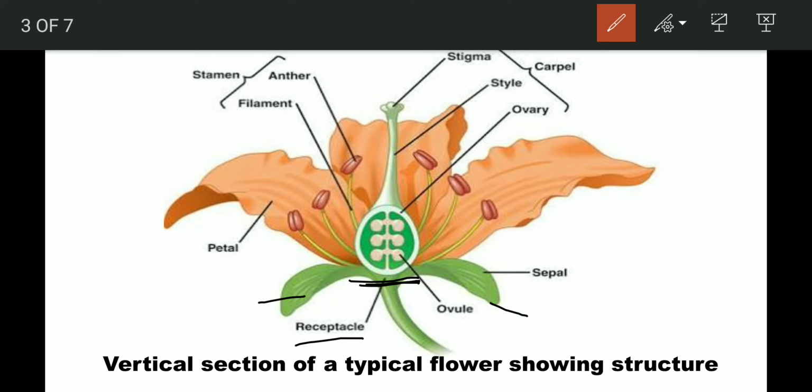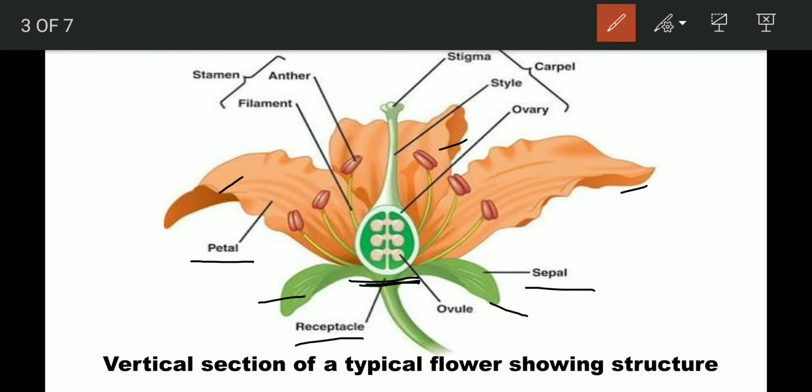What are they called? They are called sepals, or we call them the calyx also. Then all flowers have different colors. Here you see these different colored appendages, they are called petals, or we call them the corolla.